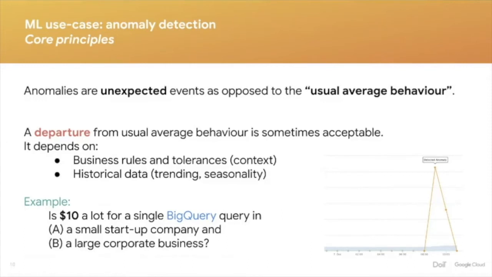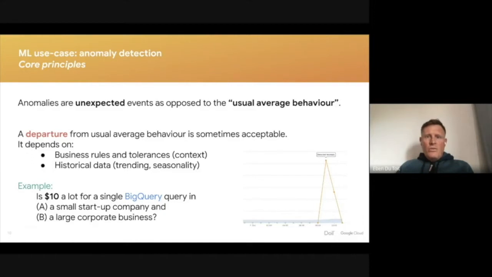So the thing about anomaly detection is that, as I said, these events are unexpected, and that is in opposition to the usual average behavior that you would get from any system, really. In our case, billing events that are normal billing, and then suddenly you get something that's unusual.